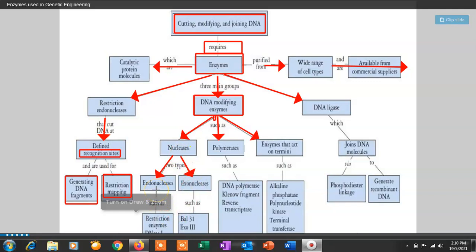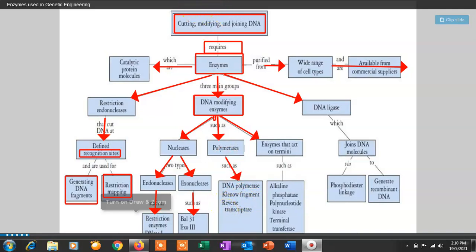Endonucleases include restriction enzymes or DNase 1, and exonucleases include BAL31 and EX43. Polymerases include DNA polymerase, Klenow fragment and reverse transcriptase.